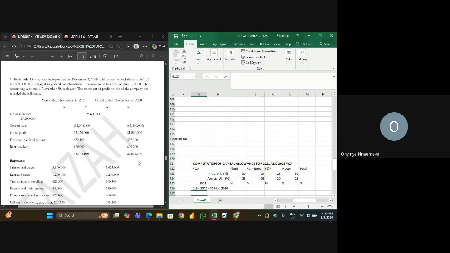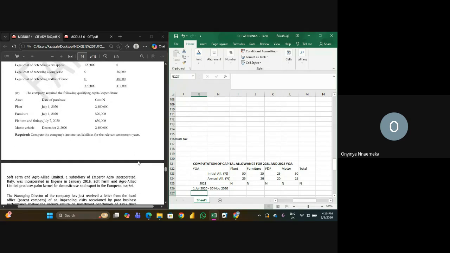Now let's go back to those assets. Which of these assets did they buy within the time frame? They got plant, so we have costs.